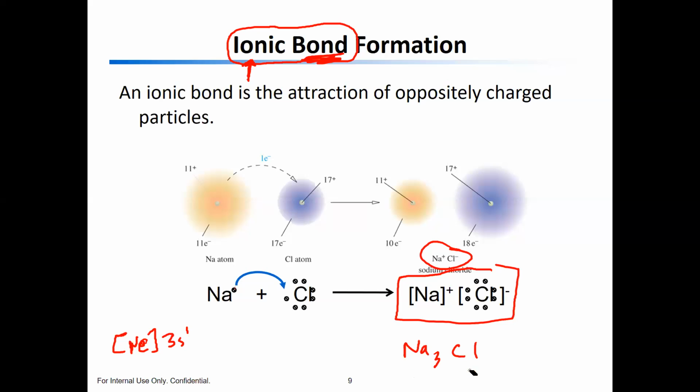No. Even though we try to make something like this, it doesn't happen. And that tells us this is always a 1-to-1 relationship between sodium and chloride, because chlorine just needs 1 electron. Sodium wants to give away 1 electron. And that's where we get this idea: chlorine is -1, sodium is +1.